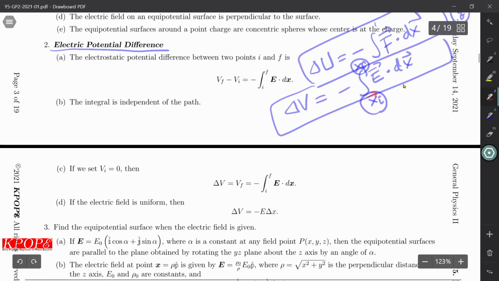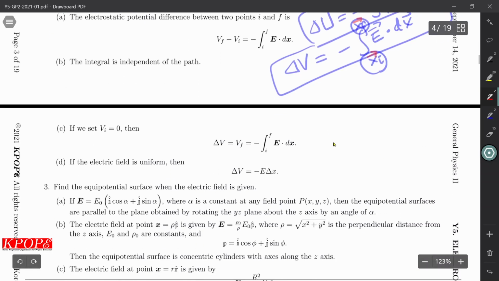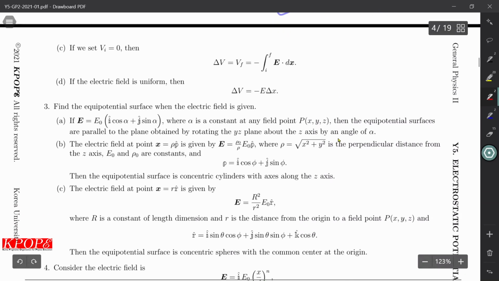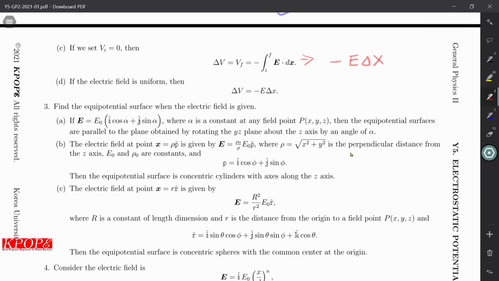In general, it is a vector. If the electric field is uniform, then this becomes minus the uniform electric field times the displacement.